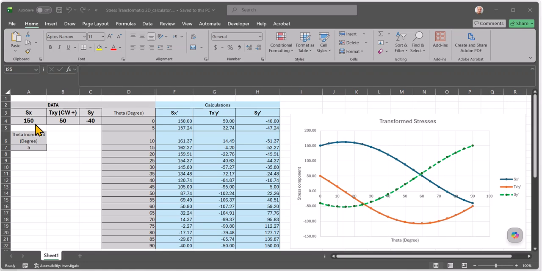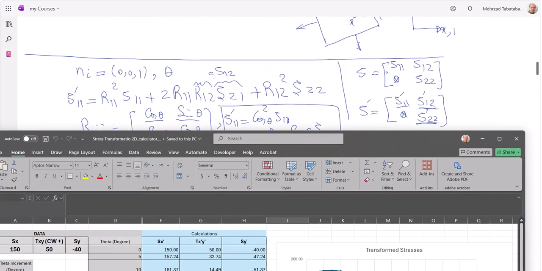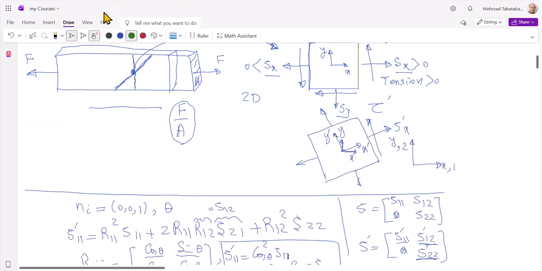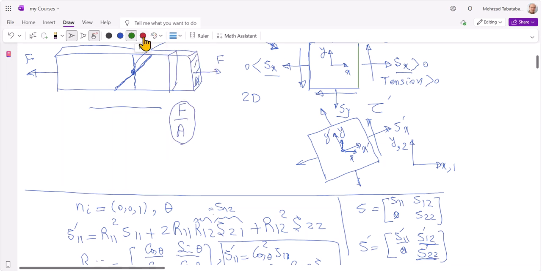And tau, the shear stress on that plane. Remember that these are the planes that we discussed here. I will take this plane as a reference. Let me make it red here.